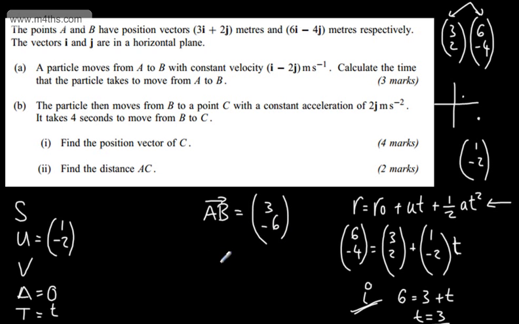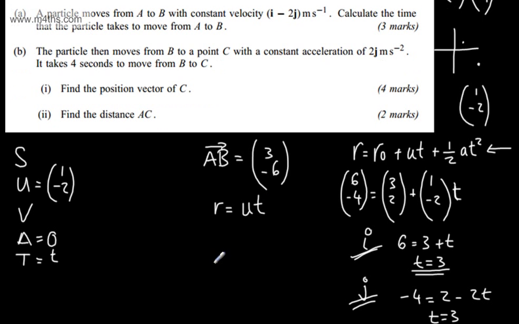So with this one, we could have just said that r is going to be equal to u multiplied by t, with this being r. So if I do that, I can simply sub this in, and we're going to get 3, negative 6, as we've got a constant velocity. So this is simply going to be 1, negative 2, multiplied by t. And we can see it holds nonetheless.